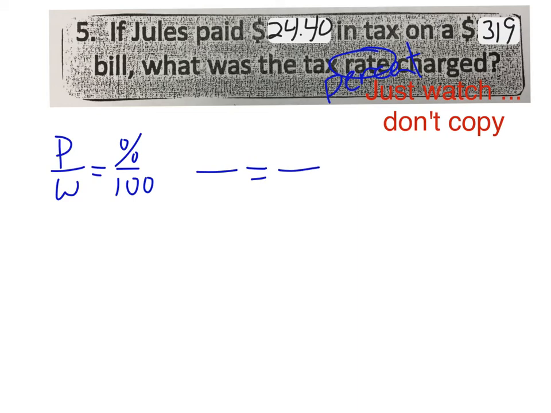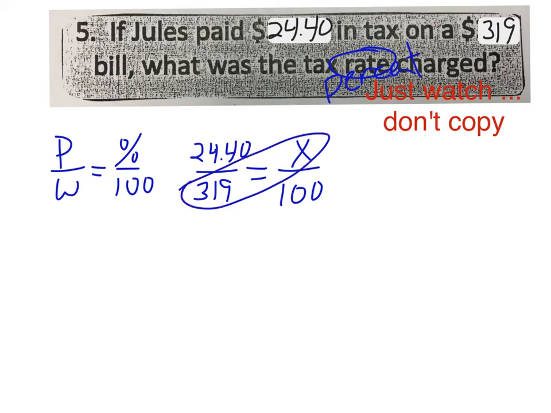The percent is what you're looking for. So we want the part that is $24.40 to find out that tax rate. And the original 100% is $319. Cross multiply and solve. It's not fun, I understand.